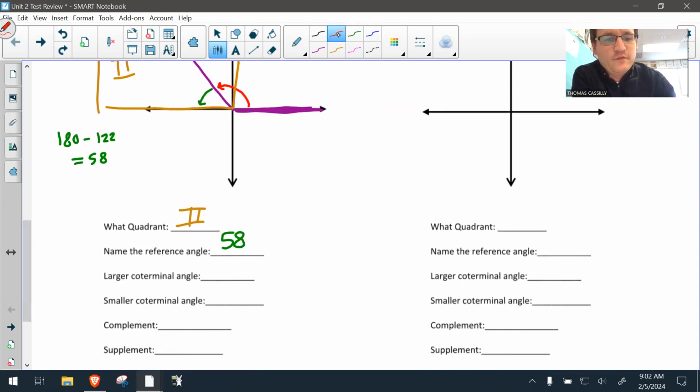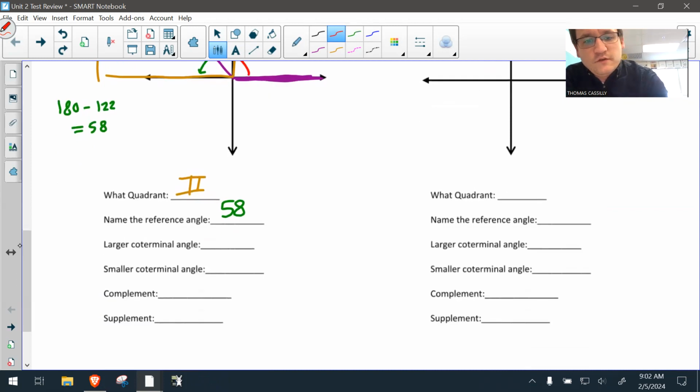Don't overcomplicate this one. To figure out a larger coterminal angle, take the angle we have and just add 360 to it. So we had a 122-degree angle. Just add 360. That gives us 482.